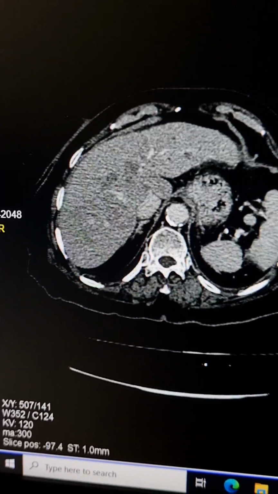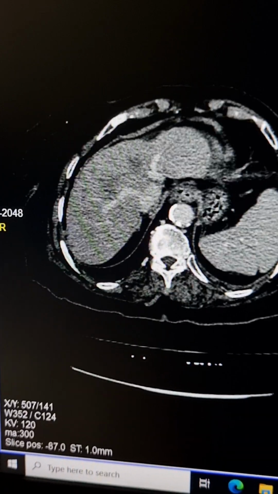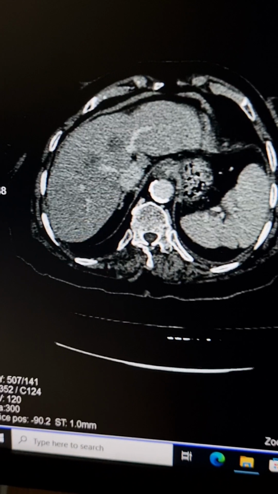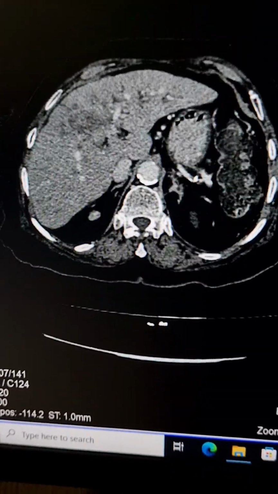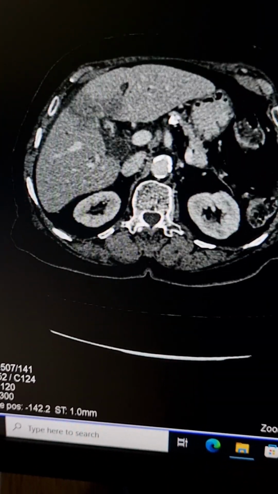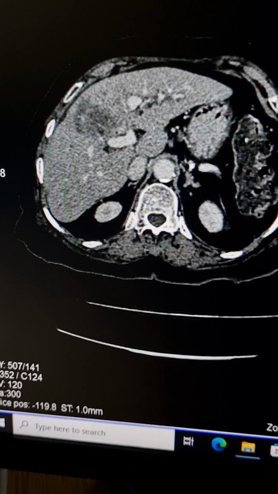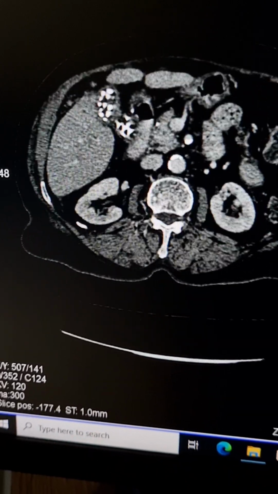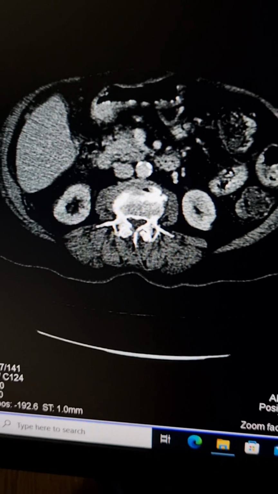One was a trainee and the other was an FCPS. And none of them mentioned the dilatation of intrahepatic biliary channels, although the clinical picture was in front of them, and the patient had deranged LFTs as well. So one has to be very, very careful in looking at such cases.